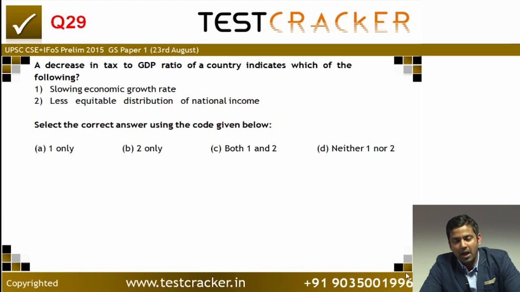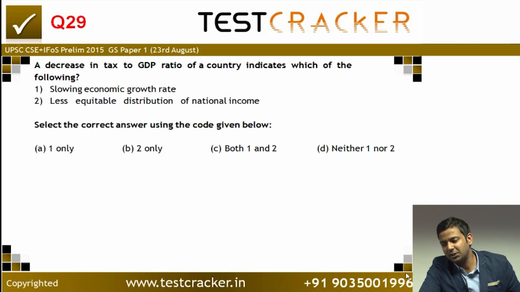And most likely, in countries, it comes down when tax collection is growing, GDP is also growing, but the rate of growth of T is less than the rate of growth of G. In that case, the ratio will come down. For example, if 10% is the GDP growth rate, and 5% is the growth in tax, then if you start with T by G, what you will get is 1.05 T divided by 1.1 G, which will be less than T by G. So statement 1 is clearly incorrect.